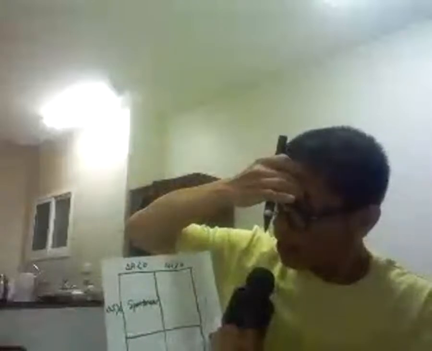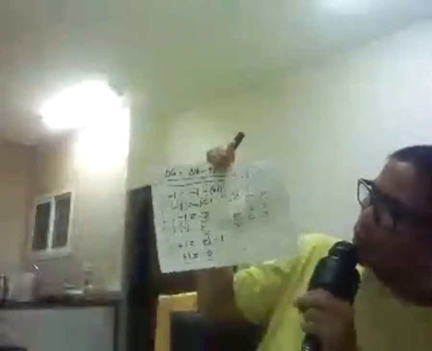So let's say delta H is greater than 0, is positive, so positive 1, and entropy is less than 0, is negative.